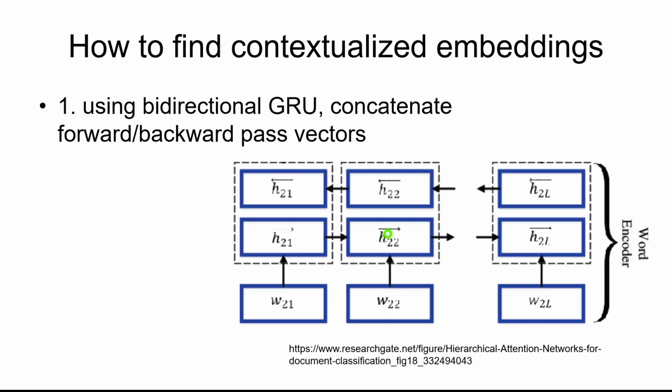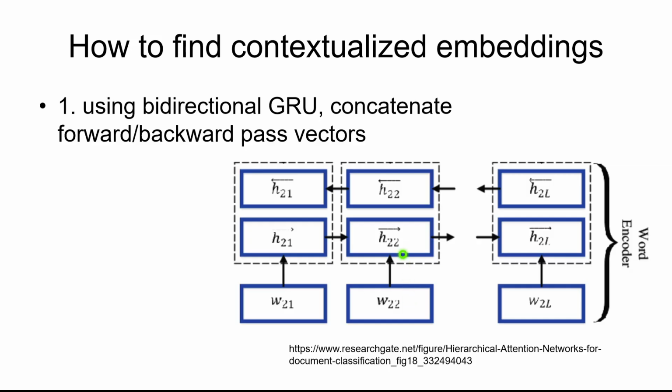For example, if we look at the second word, W_2, going from left to right, we get a hidden vector H_2, which encodes information from the first word and also the second word. Going from right to left, this vector H_2 encodes information from words W_L all the way back to W_2.